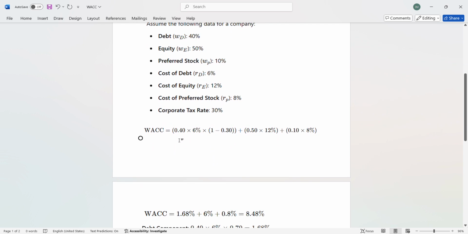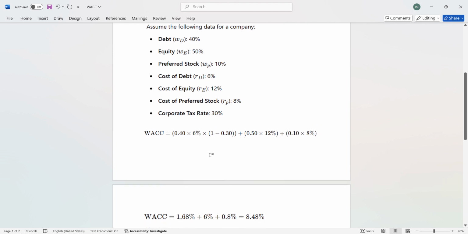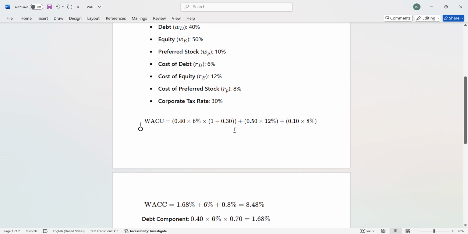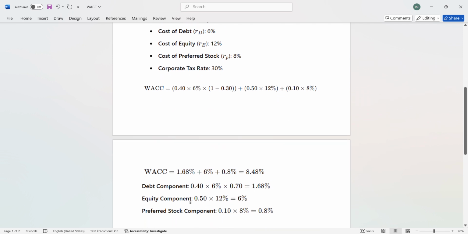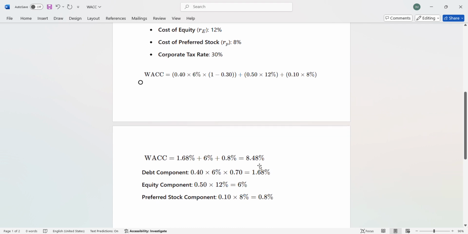Say there is 40% debt, which carries a 6% cost of debt, and there is a 30% tax rate, so you get the tax shield and adjust that amount. You just plug in the values and you get your weighted average cost of capital, which is 8.48%.